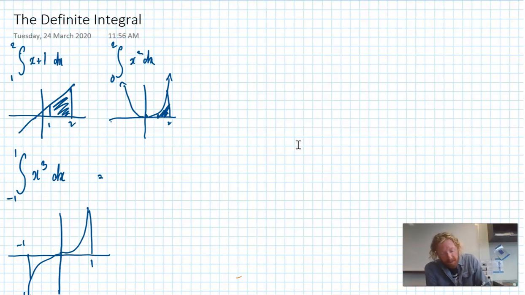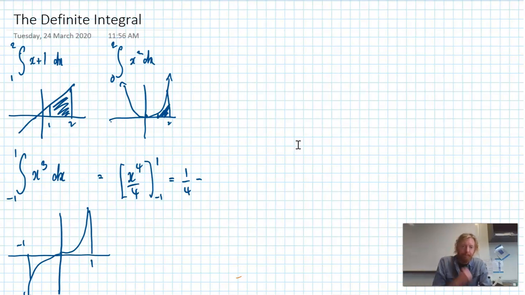That would equal x to the power of 4 on 4 from the bounds 1 to minus 1. Sub 1 in, 1 to the 4 is a quarter, minus, now minus 1 to the power of 4 is just 1, so I get a quarter. So my answer is 0.